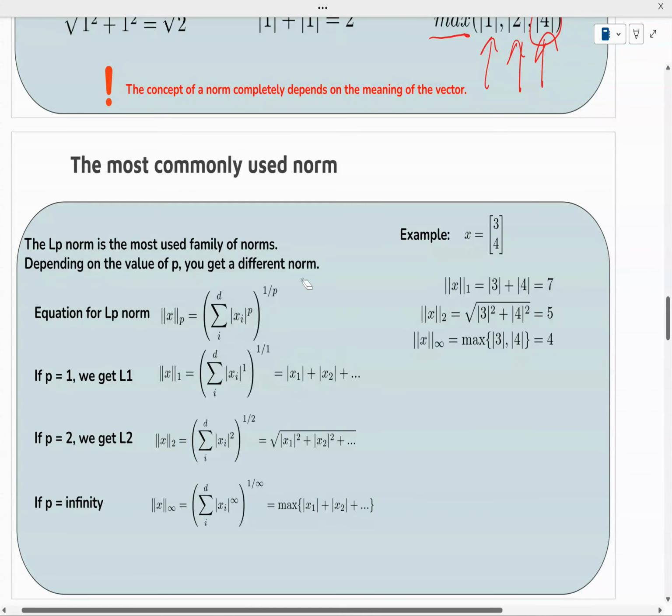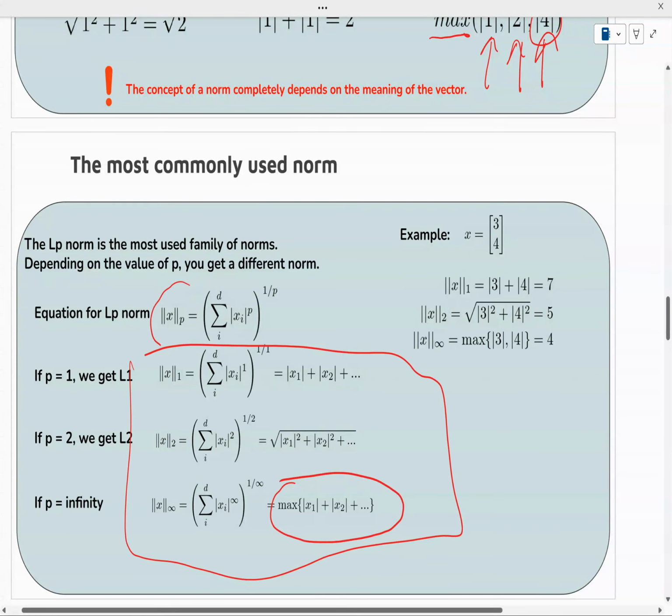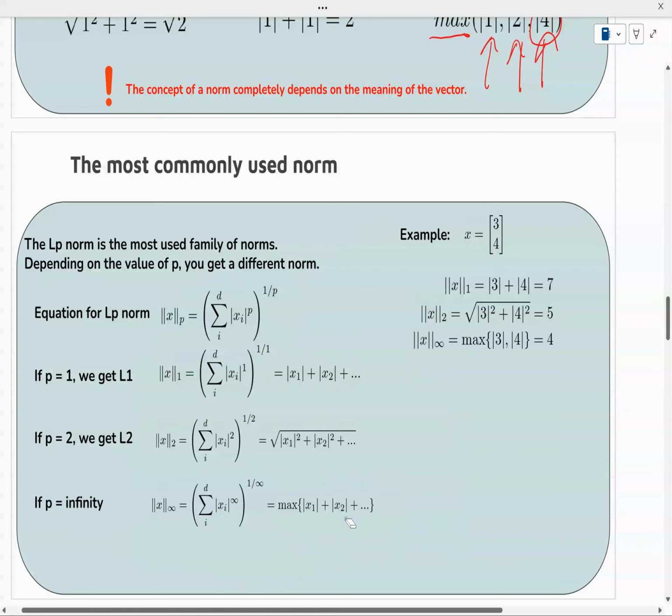For the L2 norm, you plug 2 here, and then it turns out to be the Euclidean norm, like the bird. So over here, remember, the summation of the absolute values, and then take the square root. The L infinity norm is essentially finding the maximum. So all these norms that we learn can be reduced down to just one equation. So the LP norm is the general equation for all the norms.